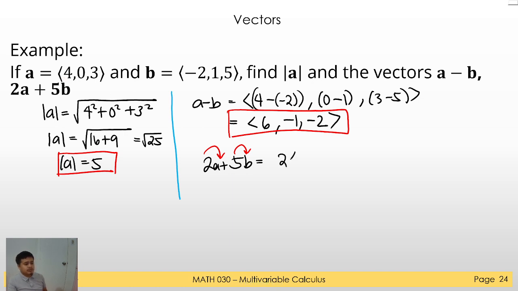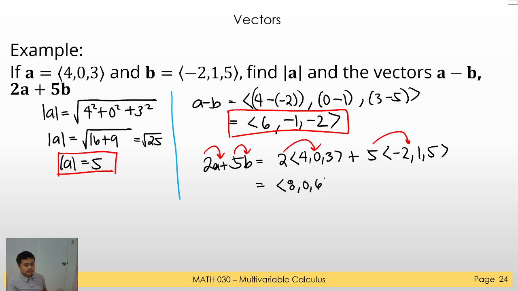So you have 2 multiplied by the vector 4, 0, 3, plus 5 multiplied by negative 2, 1, and 5. Then simplify this. Distribute this 2, distribute this 5. We have 8, 0, and 6, plus negative 10, 5, and 25.